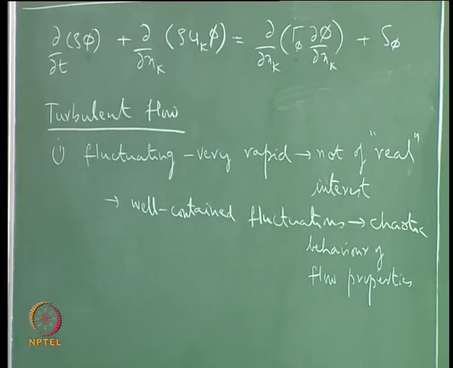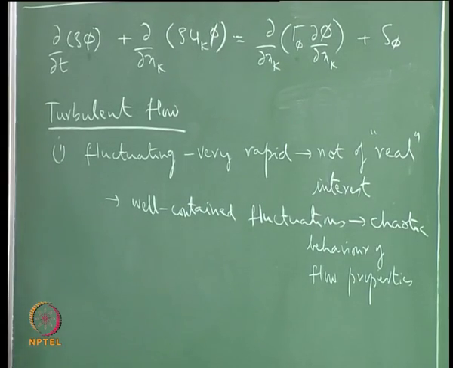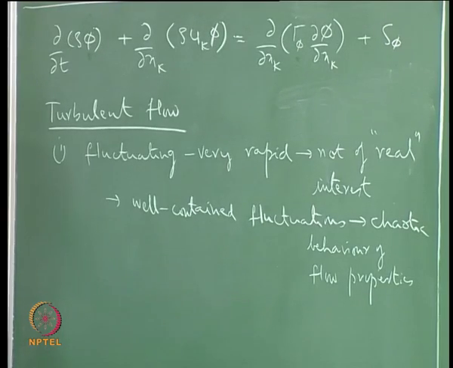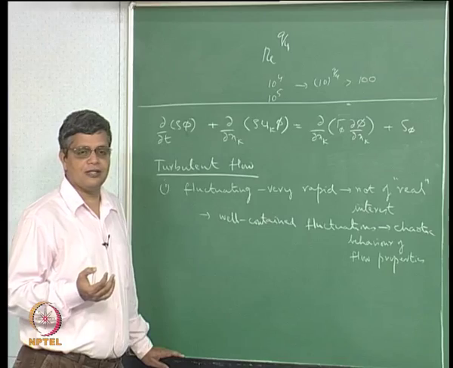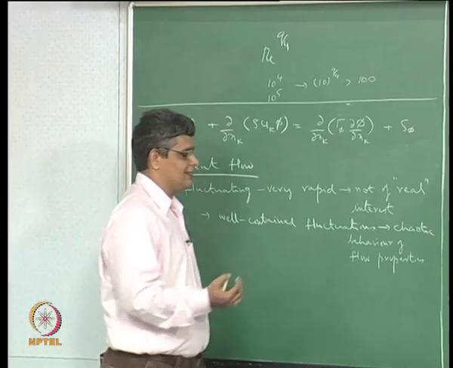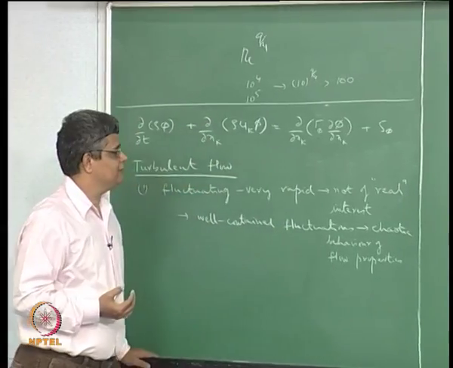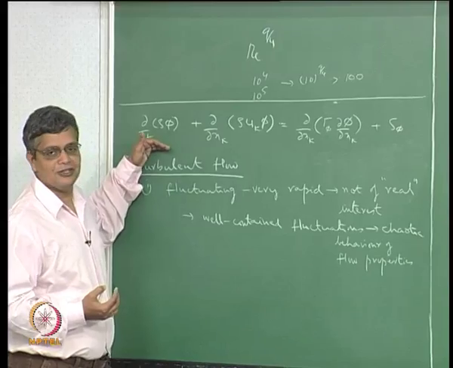When we say chaotic behavior, chaos immediately tells us that it's unpredictable, and that brings in the philosophical question as to how we can get a chaotic, unpredictable behavior from deterministic equations.